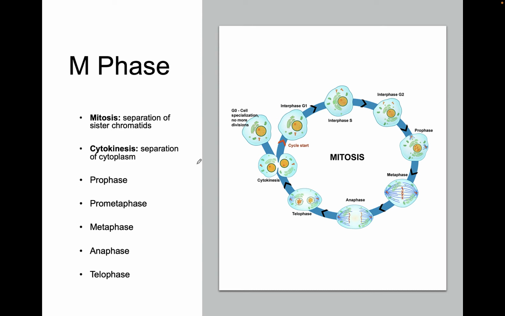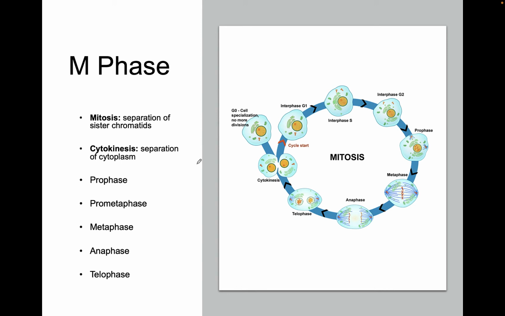The next phase is anaphase, and in anaphase, after the spindle assembly checkpoint has passed, the connection between the sister chromatids breaks down, and the sister chromatids are now separated. When you see the separation of the sister chromatids, it marks the beginning of anaphase.